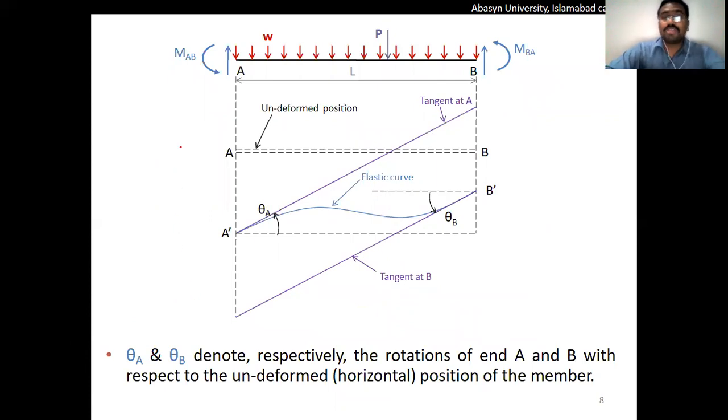We already know that whenever a moment is generated in the member, it will cause rotation and deflection in the member.